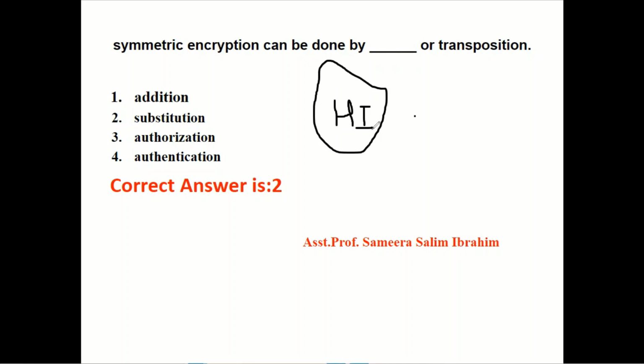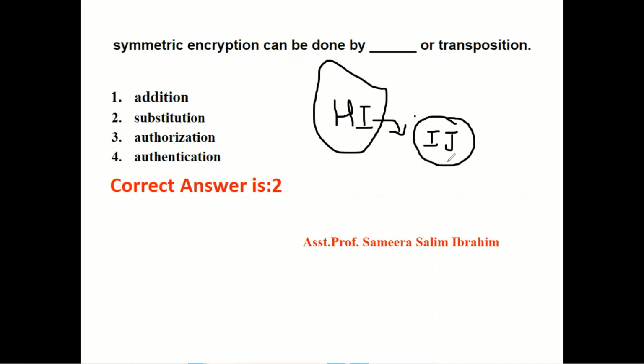So I am going to encrypt this message. Instead of H, I am going to write I, one letter ahead, and instead of I, J. So instead of sending hi, I am going to send IJ to my friend. That means I have encrypted my message.